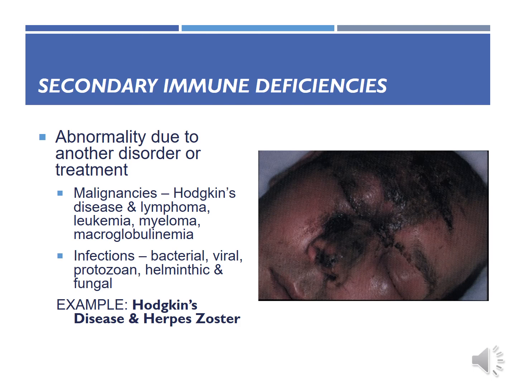One of the most common examples of this would be someone who developed Hodgkin's disease, and because their immune system is suppressed from this Hodgkin's disease, the herpes zoster virus will show up and they'll start to get shingles, etc. So herpes zoster would be a secondary immune deficiency.